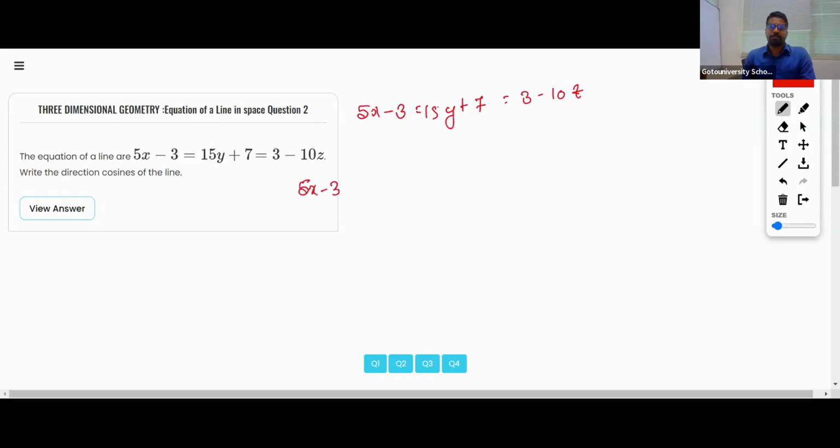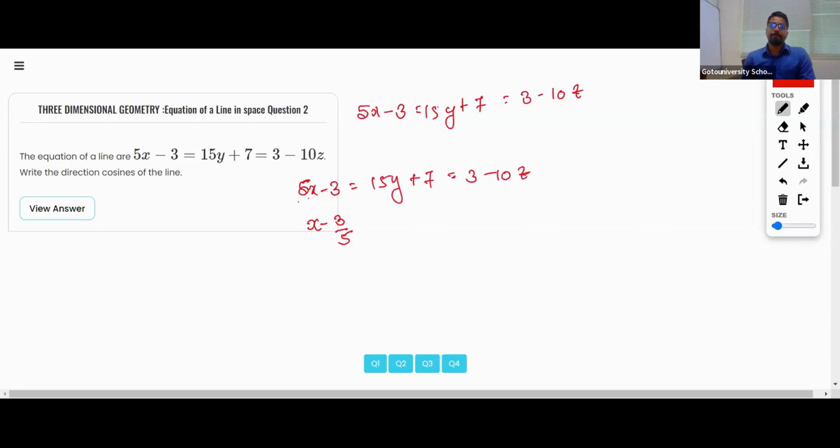I want to eliminate the coefficients of x, y, and z, so I'll divide this equation by 5. So what we get here is x minus 3 by 5.